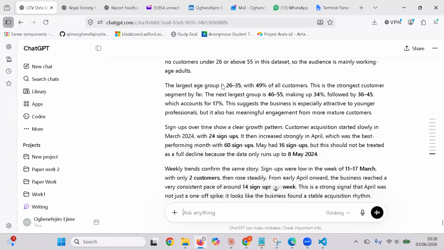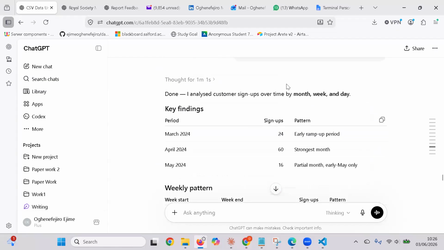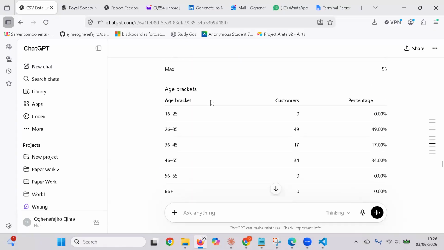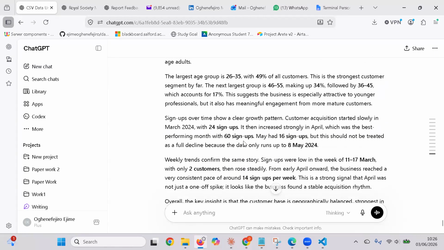The largest age group is what? 26 to 35. Exactly what we saw when we did this. Look at this age group. It is what he's using to tell this very story down here. Also now.